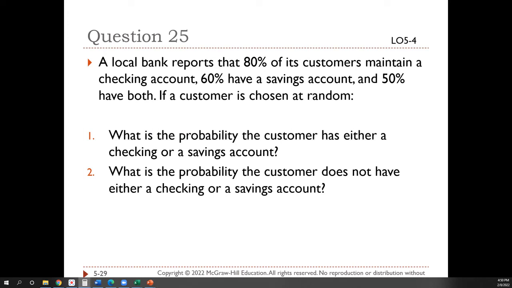That Disney and Busch Gardens example that we had. So if we choose a customer at random, what is the probability the customer has either a checking or a savings account? Number 2 asks, what is the probability the customer does not have either a checking or savings account?